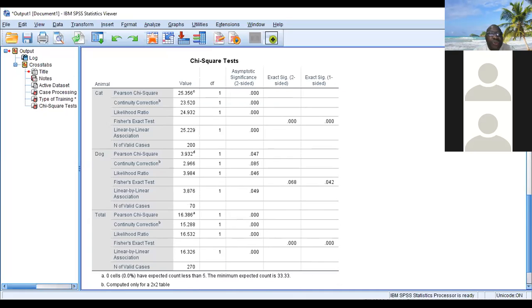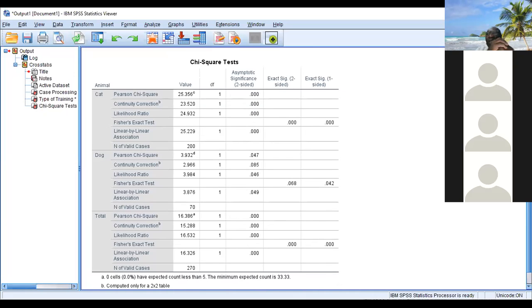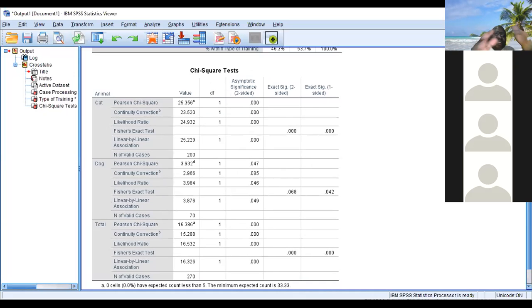The association between the type of training and the dance is highly significant with cat, but it's significant with dog also, though not as much. Look at the p-value, not as much as the cat. Overall, it's significant. Go back up to the table.